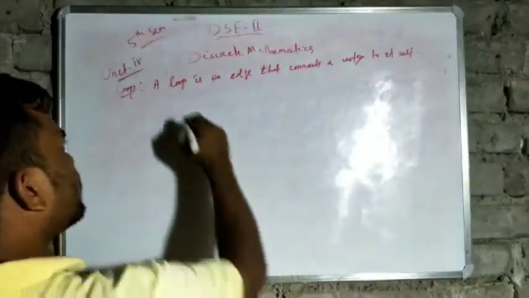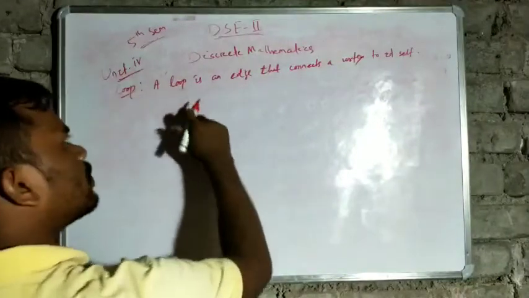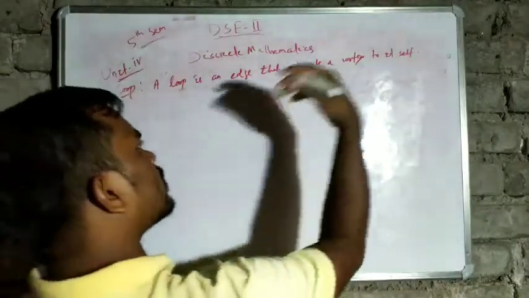That means this is one type of edge. A loop is one type of edge that connects a vertex to itself.